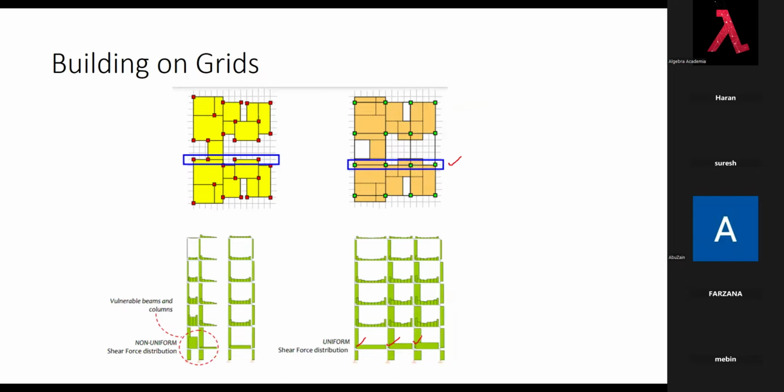So both of these columns will have the same shear force, and this column and this column's shear force will be the same. And here you see, because of the off-grid location, suddenly this column has more and this column has very little. Probably this column, which one? I think here no column. No, 1, 2, 3, 4. Yeah, so this column is this one here. Okay, it's very little.